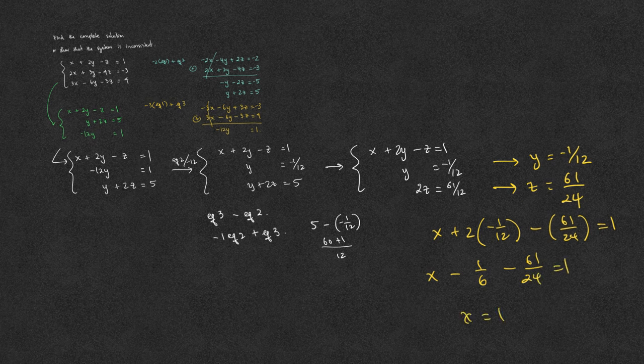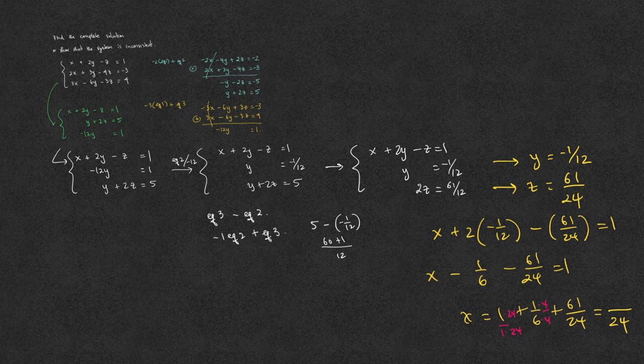So x equals 1 plus 1 over 6 plus 61 over 24. The common denominator is 24, so we multiply 24 over 24 to 1. We multiply 4 over 4 to 1 over 6, and we can combine these fractions with the denominator of 24.